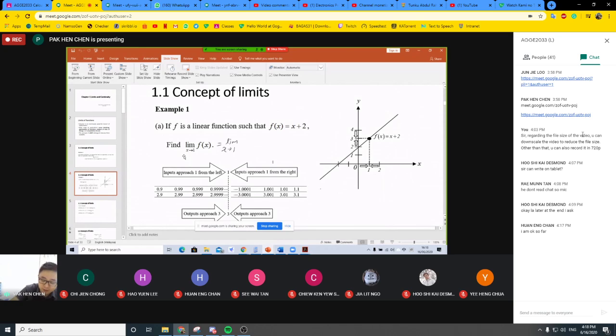Then for f(x) I substitute the given x plus 2. You see that? Then next I substitute 1 into it. We get 1 plus 2, and 3 will be our limit value. Understand?